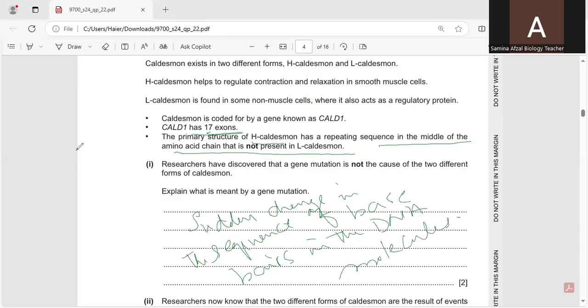So amino acid 1, amino acid 2, amino acid 3, in this way there will be the formation of a protein molecule. So sometimes what happens is the sequence of these amino acids is changed. One amino acid can be replaced by another amino acid. So in this way the sequence will be changed, and this is called gene mutation.